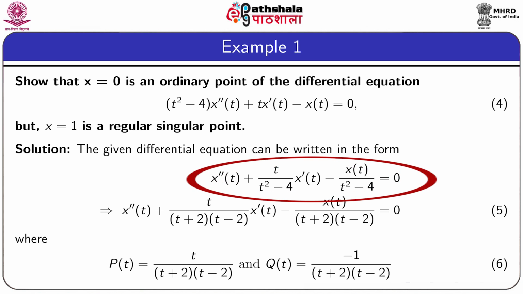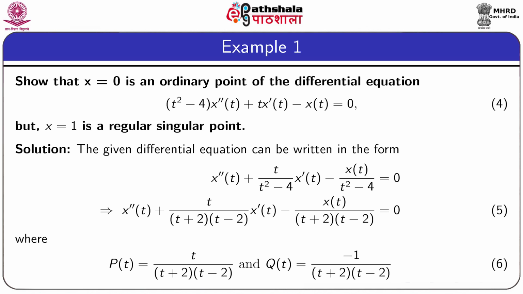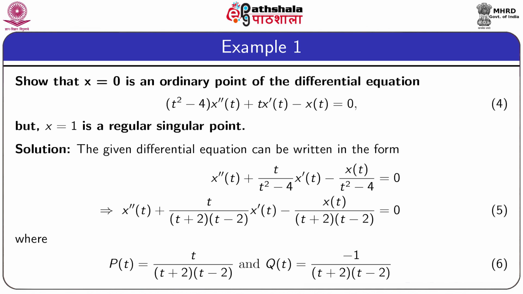Next, we rewrite it in the form x double dash t plus t by (t plus 2) into (t minus 2) x dash t minus x(t) divided by (t plus 2) into (t minus 2) equal to 0, where we factorize t square minus 4 to get (t plus 2) into (t minus 2). If we compare the differential equation 5 with the general differential equation, then we will see that our p(t) is equal to t divided by (t plus 2) into (t minus 2) and our q(t) is equal to minus 1 by (t plus 2) into (t minus 2).